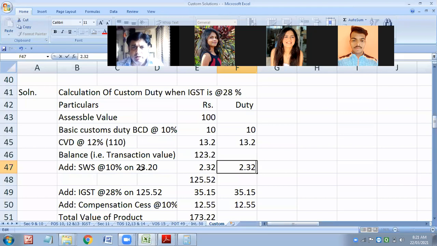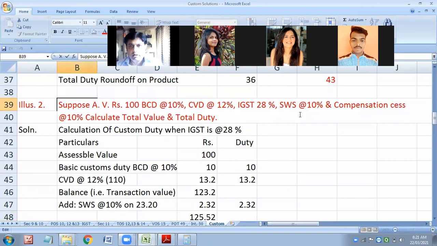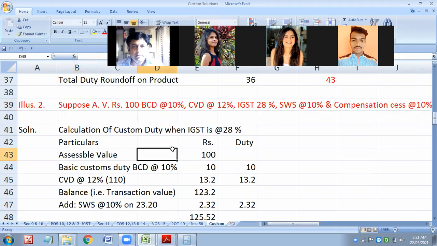So the 10% of 23 rupees 20 paise, that is 2 rupees 32 paise. That is the value of things to be computed to be applicable for any kind of GST which is charged. Here IGST in the question was given 10% was SWS and 10% is compensation cess also.